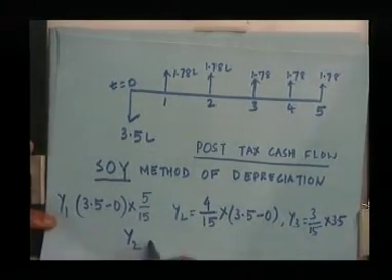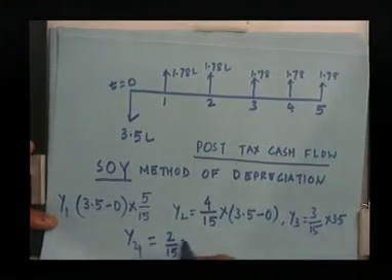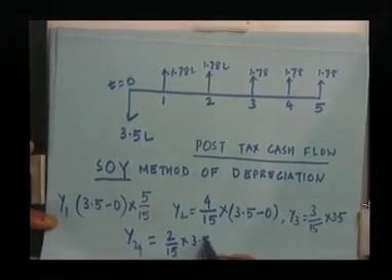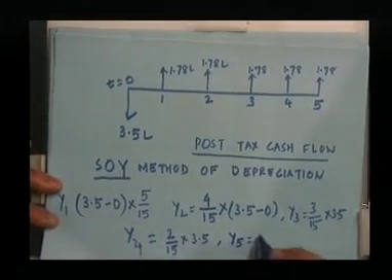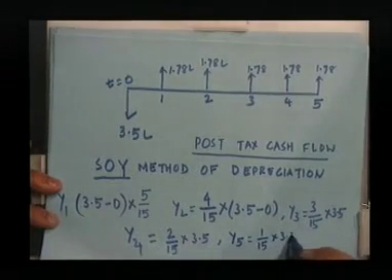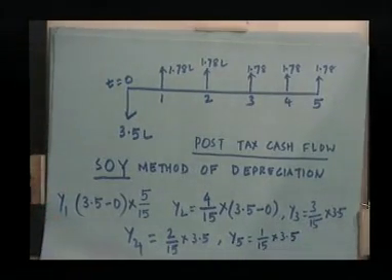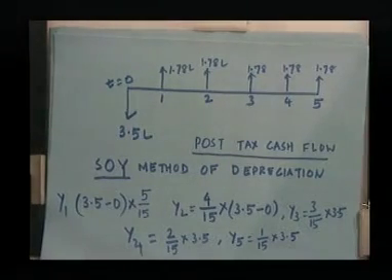Year 4 would be 2 upon 15 into 3.5, and finally the last year, which is Y5, will be 1 over 15 into 3.5. So, these are different depreciation values for different years.